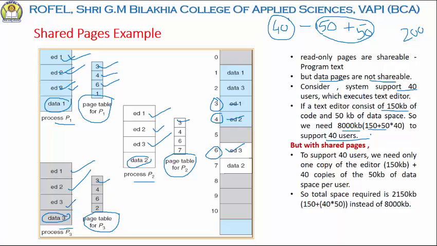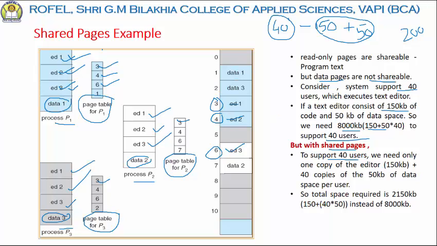Now instead of using different pages, we use shared pages. So what will happen when we are using shared pages? For example, 40 users need to access this memory. Editor 1, editor 2 and editor 3 contain 150 KB and data 1, data 2 and data 3 contain 50 KB each.